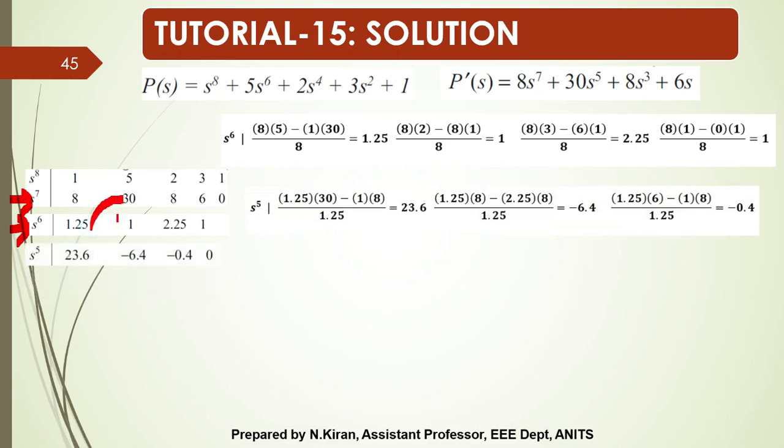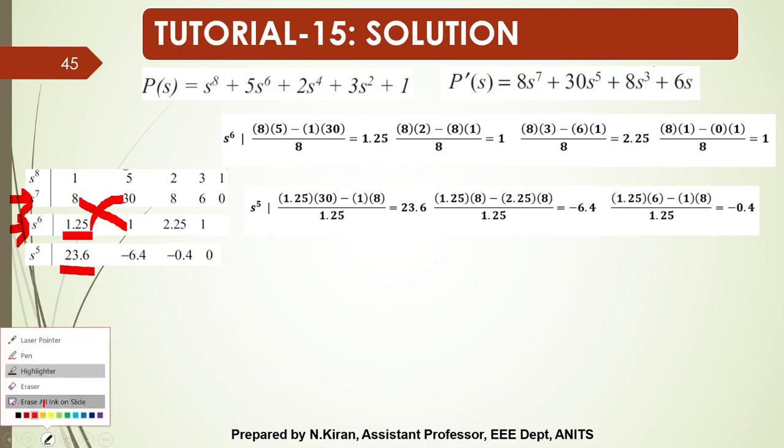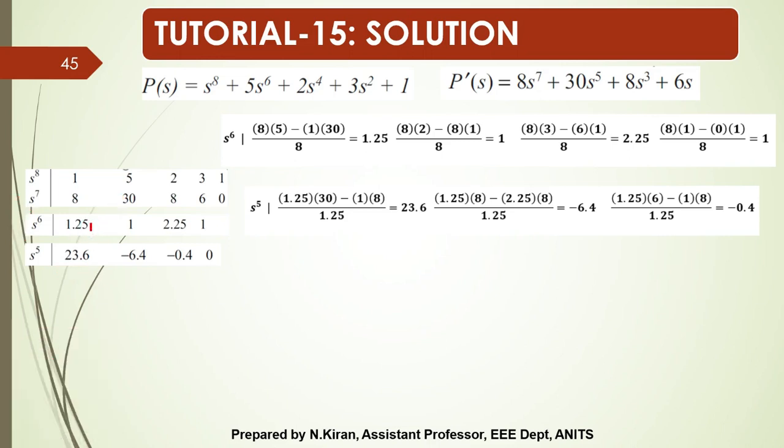1.25 into 30 minus 1 into 8 divided by 1.25 will give me the first element, 23.6. The second element, 1.25 into 8 minus 2.25 into 8 divided by 1.25, will give me the second element, that is minus 6.4.